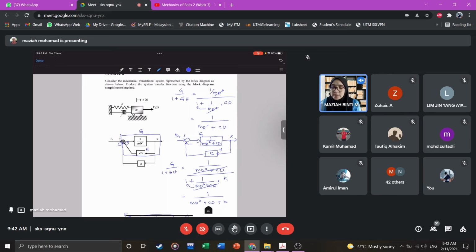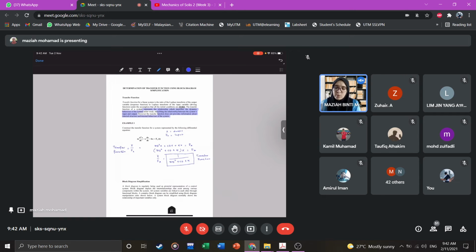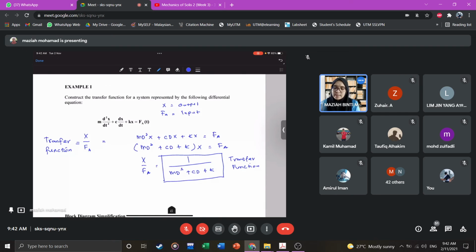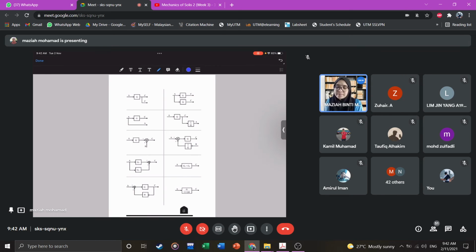Okay, so if you see this system here, mass, spring and damper pulled by force here. So it is actually the same equation for this system, 1 over MD square. Right, so either based on block diagram, because before this you already drew a block diagram for the same system.